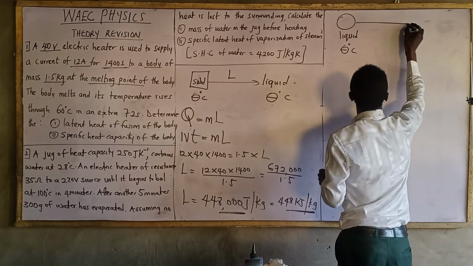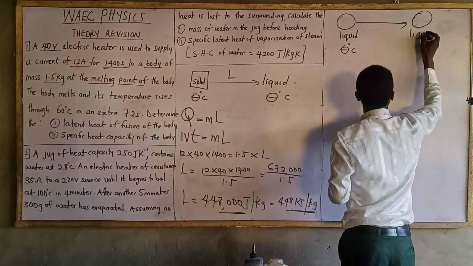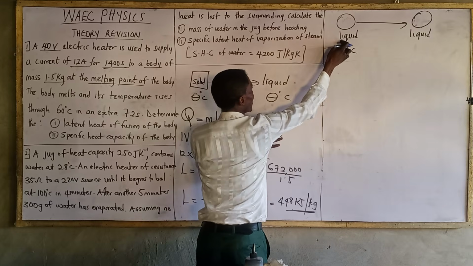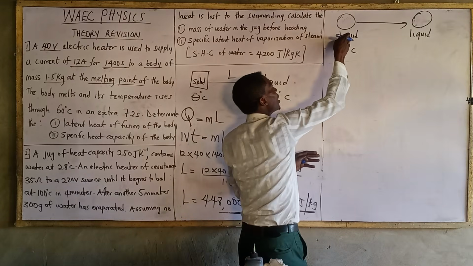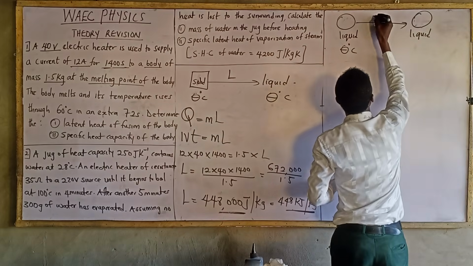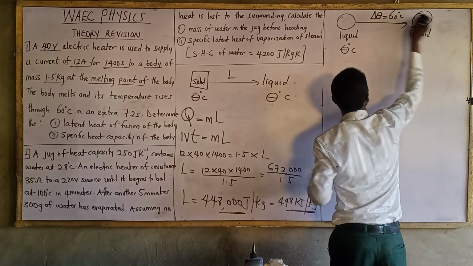So it remained in liquid form and didn't change state here. It melted to liquid, then the liquid increased in temperature again, still remaining liquid. The change in temperature here is given as 60 degrees Celsius.